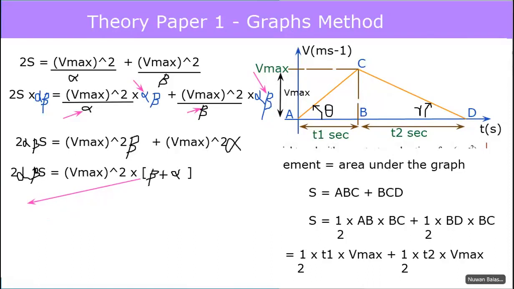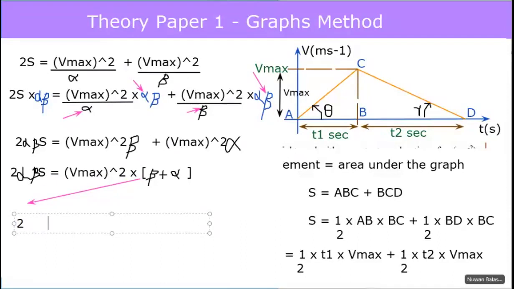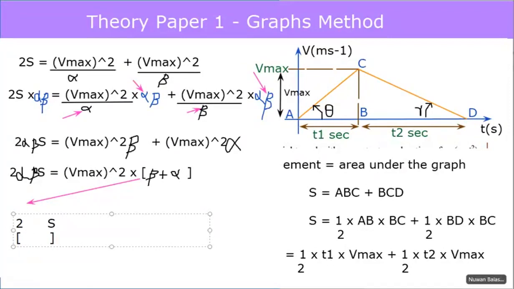So what are the remaining terms then? 2 into alpha into beta into s divided by beta plus alpha will be there within the square brackets, and on the other side, we have V max square. Check whether I have done all the simplifications correctly.